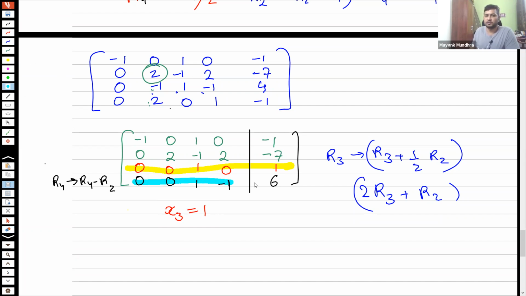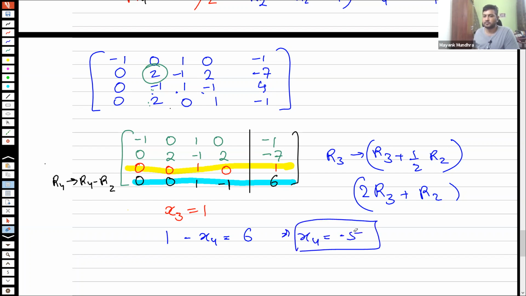Then you look at this equation. So this equation is x3 minus x4 equals 6, where x3 is 1. So this implies x4 equals minus 5. Right? Now you put it back in this equation. So what you get is 2 times x2 minus x3 plus 2 times x4 equals minus 7.